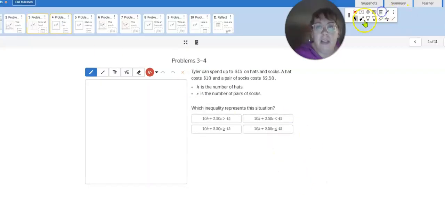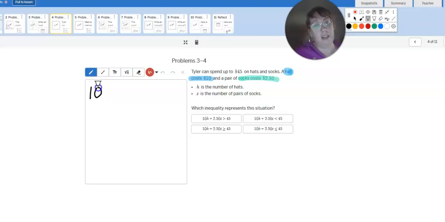Tyler can spend $45 on hats and socks. A hat costs $10, and a pair of socks is $2.50. And we're trying to represent this situation, this inequality.